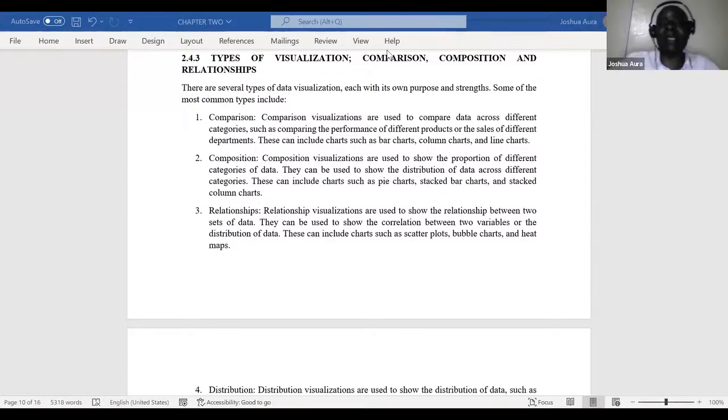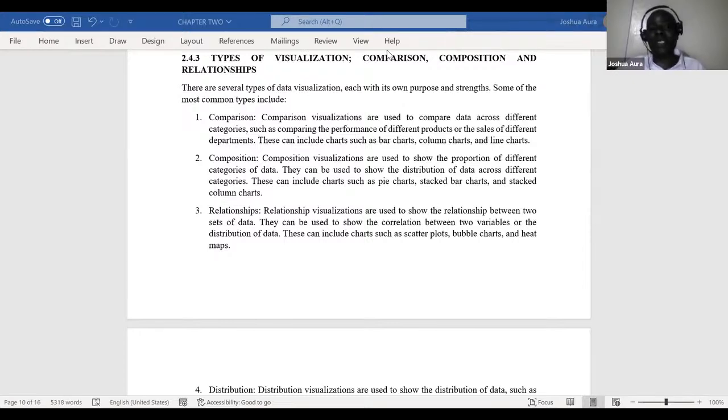Is there somebody who can remember the types of graphs that we can use for comparison purposes? When I want to compare which is taller than the other, I will use column charts basically. Column charts. Thank you so much.